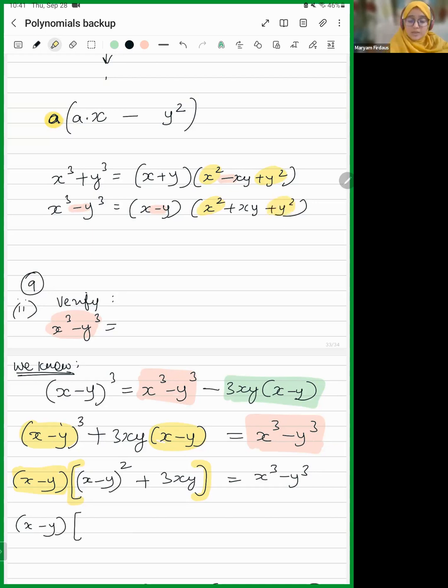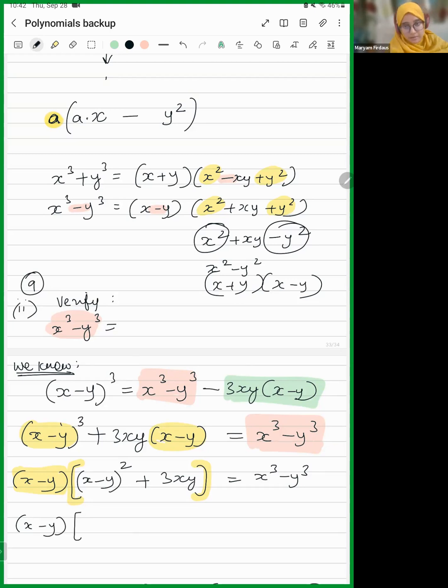Because the moment you say a square minus b square over here, if by mistake you put it as x square plus xy minus y square, let's say you forgot the formula and you put minus y square, then what will happen? Immediately you can apply x square minus y square is equal to x plus y into x minus y. So then the entire thing will become messed up.